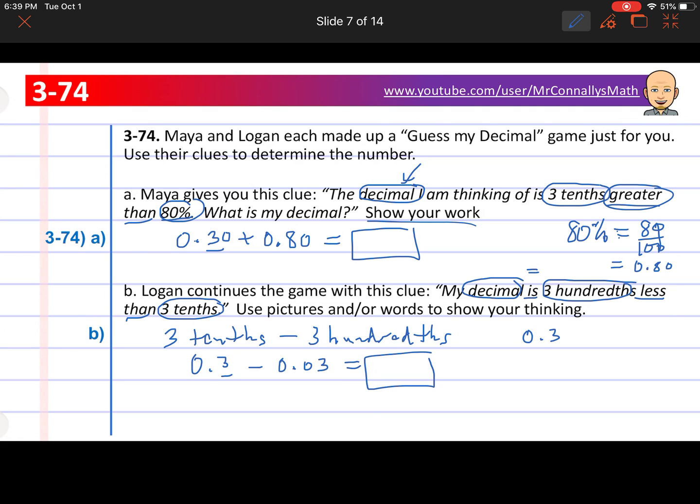Let's line up the decimal. 0.03. Remember, order matters in subtraction. It's not like commutative of addition. Okay, so 0.3 minus 0.03. I'll add a hanging decimal place there. I've lined them up. Go ahead and find your answer to put there by subtracting. You're going to have to borrow from the 3. All right, pause if you need more time. All right, good job. Let's move on.